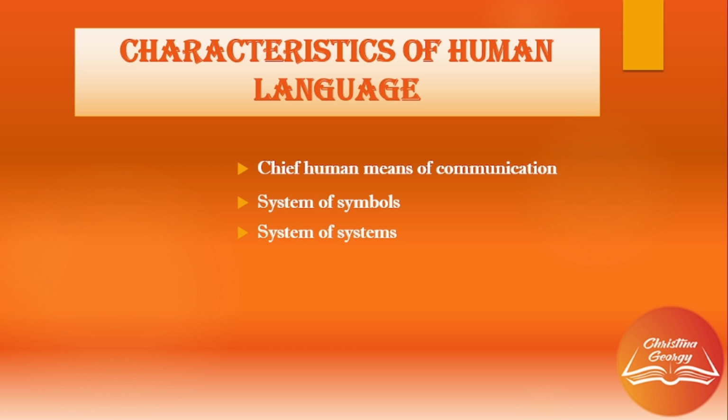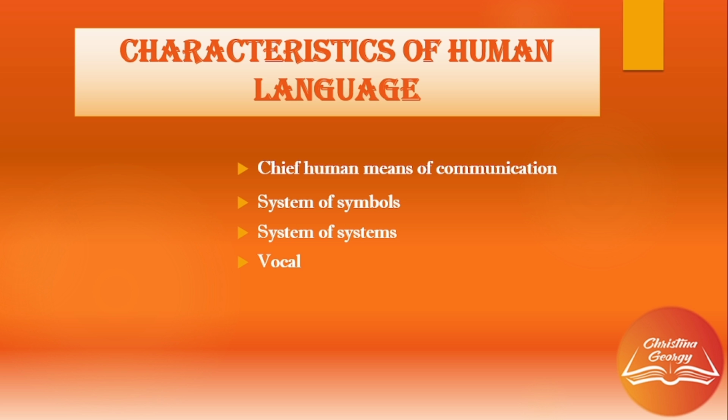These elements or units form themselves into systems with subsystems within the language. It is like a hierarchy. Thus, we have the systems of phonology, morphology, syntax, etc., each of which has subsystems within it. Language is primarily speech. Writing is only an artificial representation of vocal symbols.